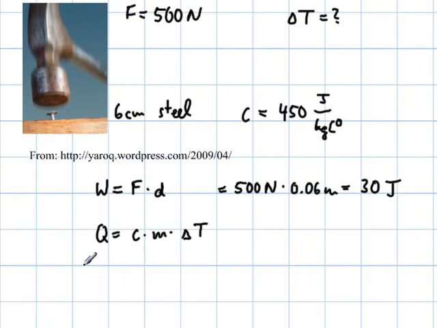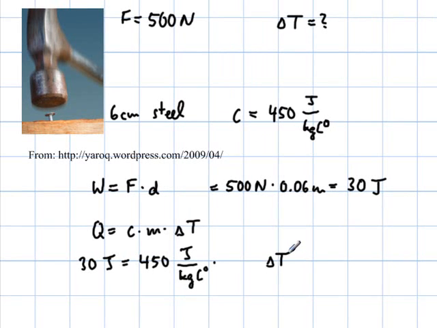So here I'm going to have 30 joules, and that equals, because again the work becomes the heat, 450 joules per kilogram Celsius degree times the mass times the temperature difference. Oops, slight problem. We have two unknowns, mass and delta T.